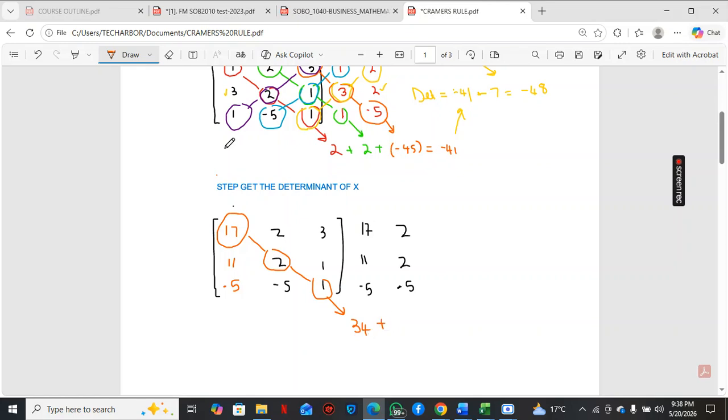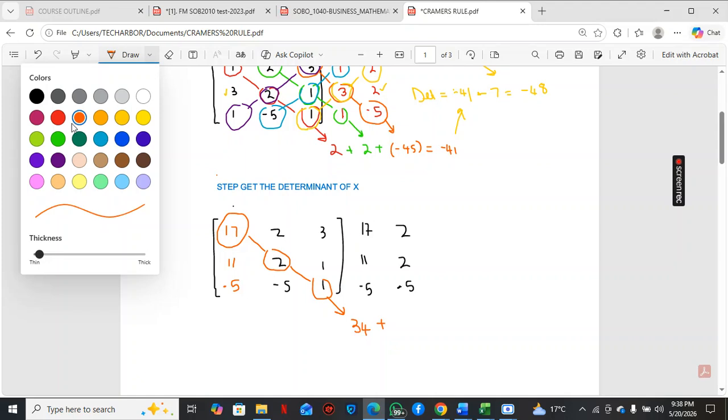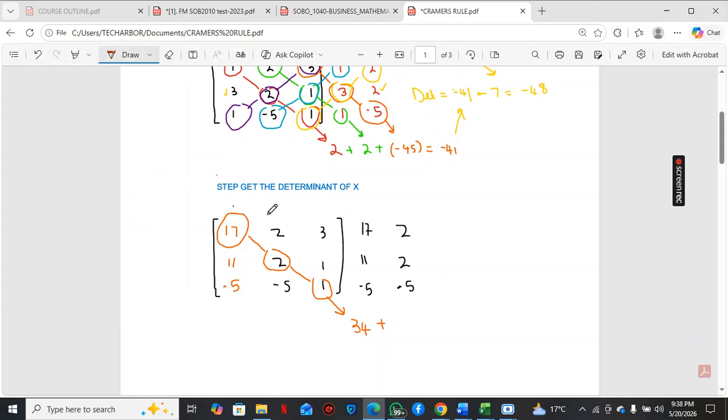Plus 2 times 1, that is 2, 2 times -5, that is -10. In the exam, take extra caution, especially with these negatives and positives. You don't want to mess up.